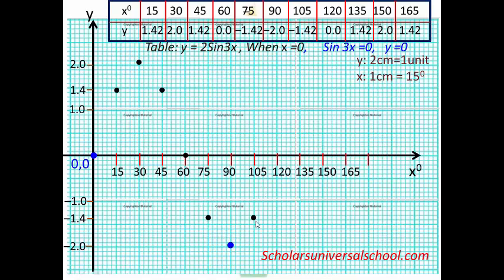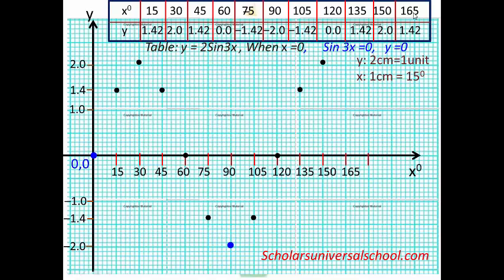Then from 105, we are having it this way. And then for 120 degrees is 0, we have it here. Then we have this one for 135 degrees. 135 degrees is giving us 1.42 again. Then 150 is giving us 2.0. So it should be somewhere here around 2.0. Can you see that?